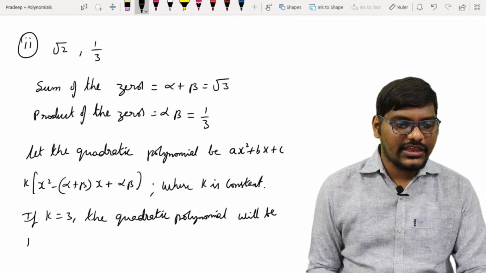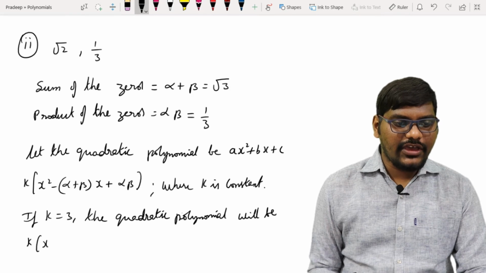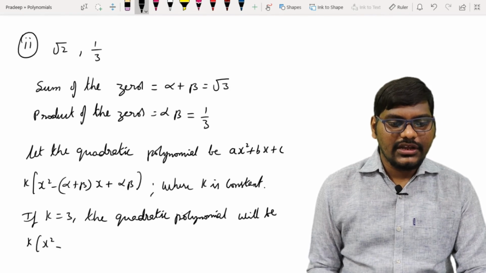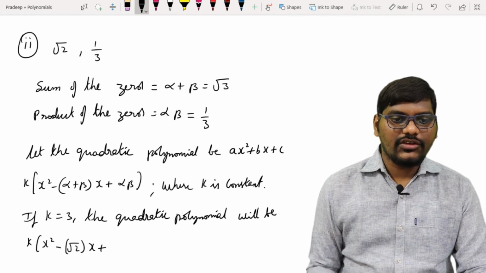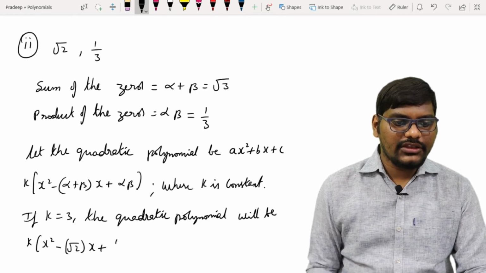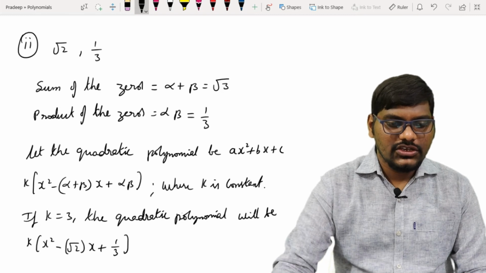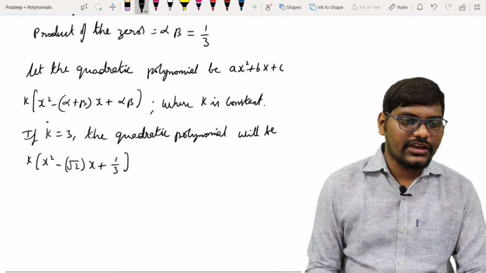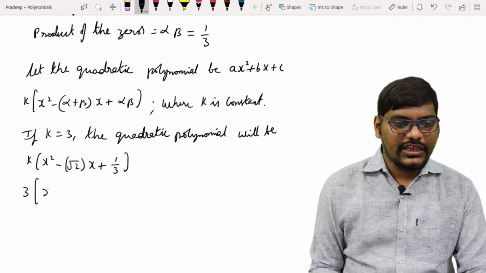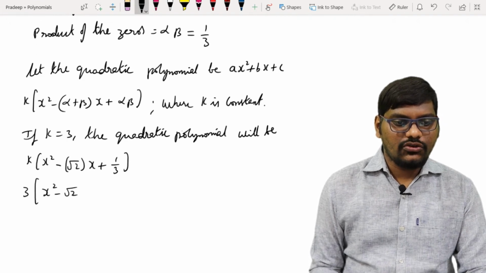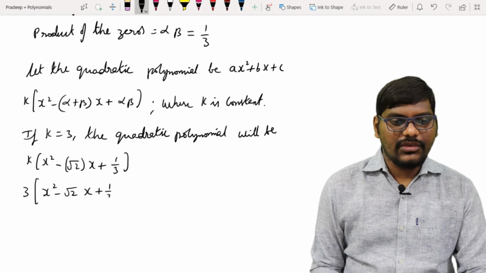So I can write here k x square minus the sum, which is root 2, so root 2 x plus the product, 1 by 3. Okay, so the k value I've just taken as 3, so in the next step I'm substituting 3, so 3x square minus root 2x plus 1 by 3.